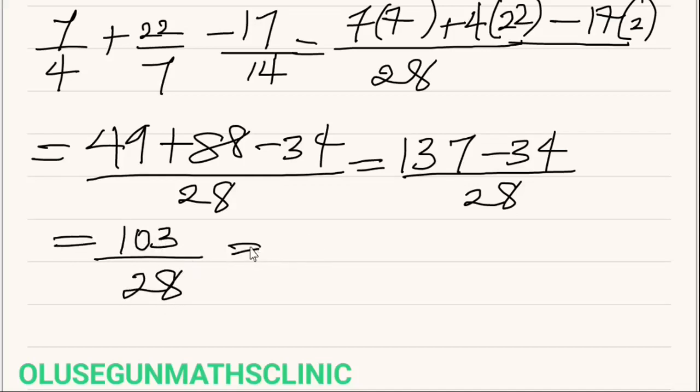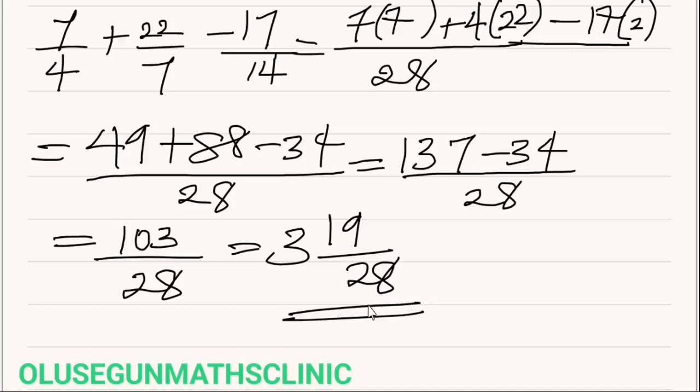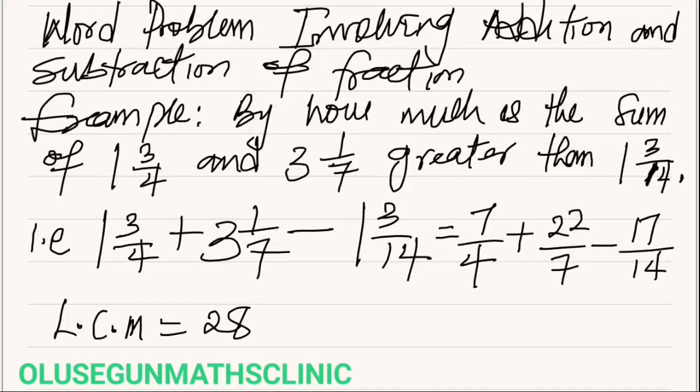So 103 over 28 gives us 3 whole number 19 over 28. So that is how we solve word problems as a normal question.